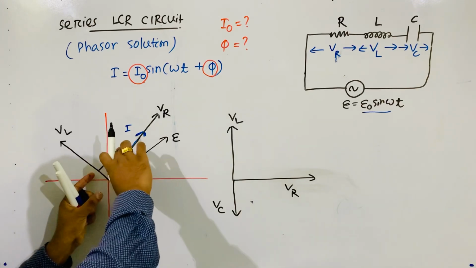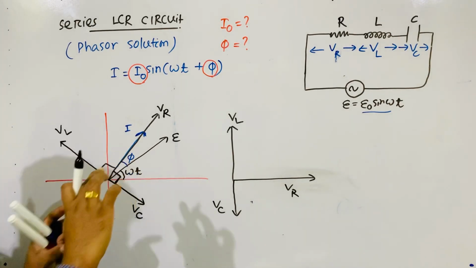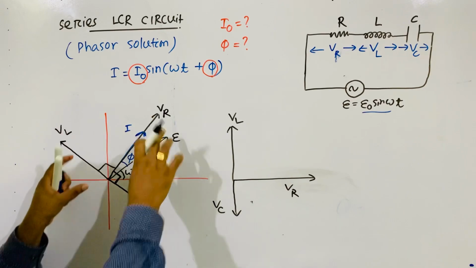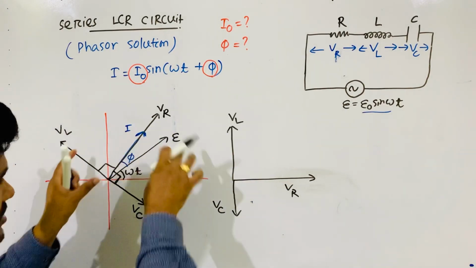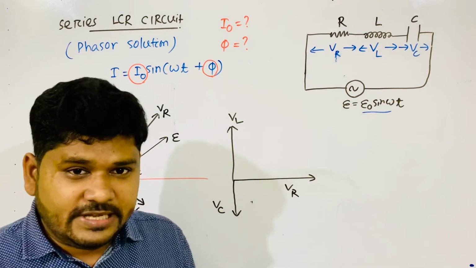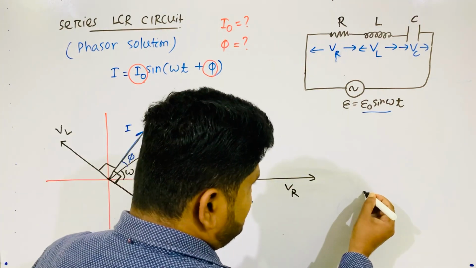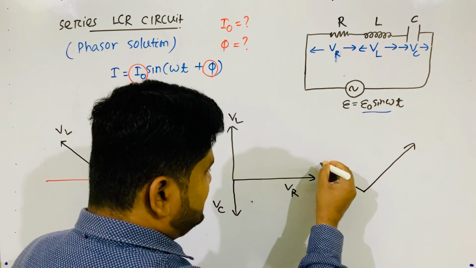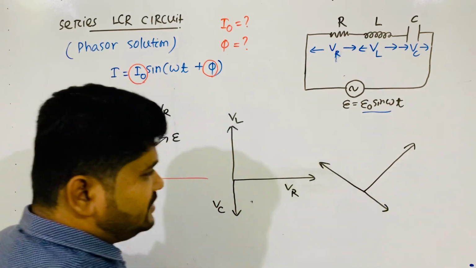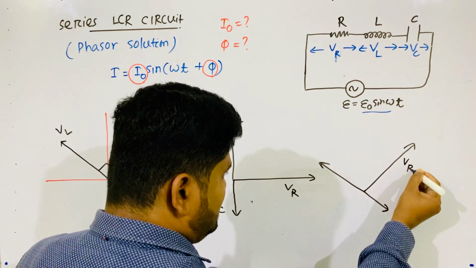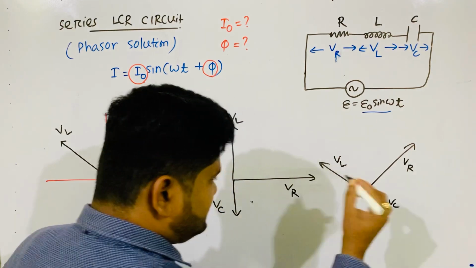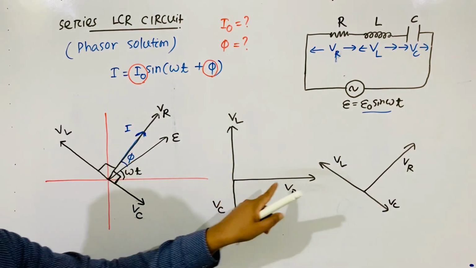I just took the figure out of this and turned it. If I do not turn, then no problem. You can also keep it like this, VR in this direction, VL in this direction, VC in this direction. No problem.